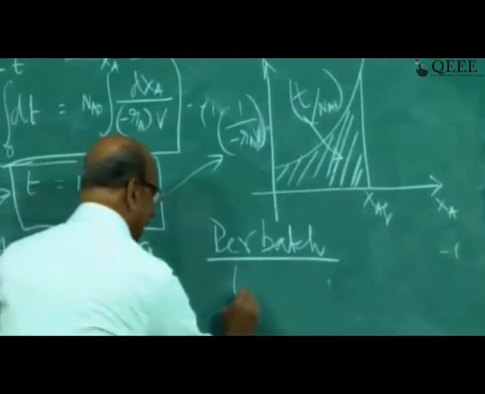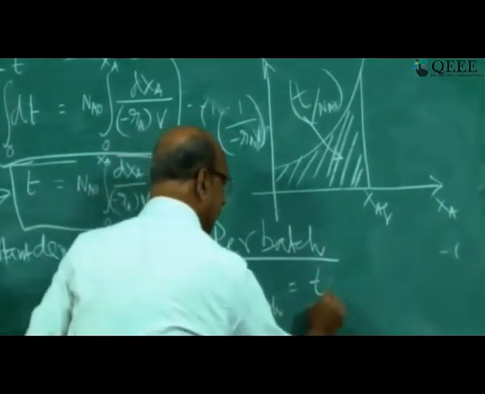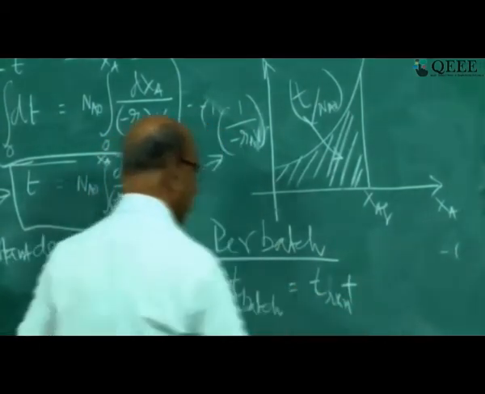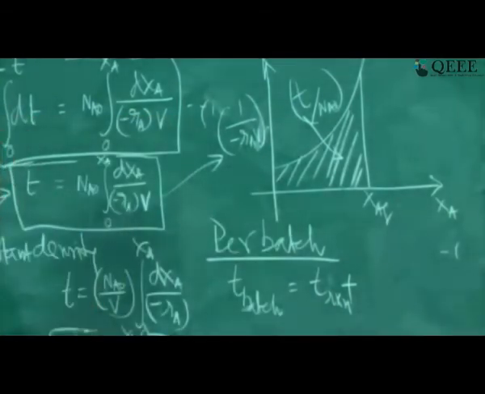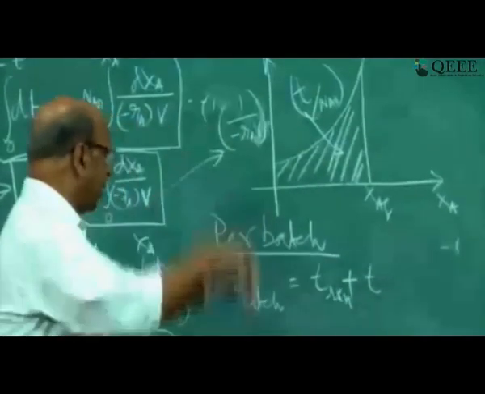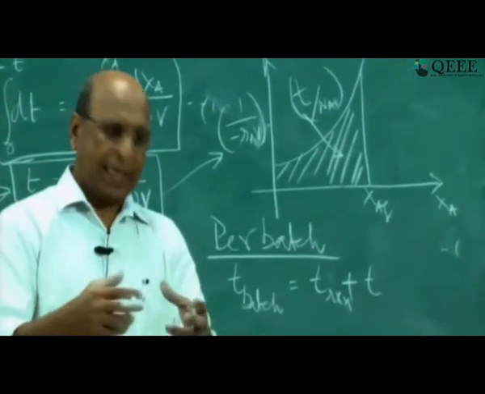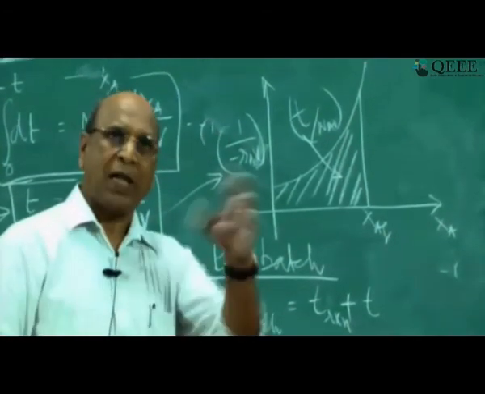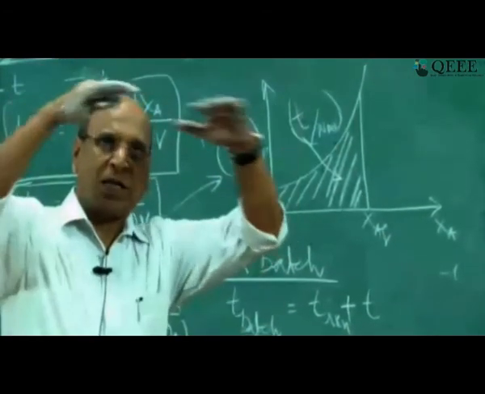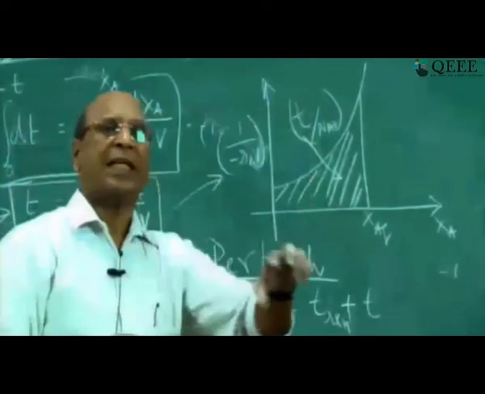How do you calculate it now? Per batch time, T batch, is T reaction, the actual reaction time, plus T for filling up the batch reactor, because someone has to start the pump and start the filling up, and you have to fill up to a certain level, maybe 2 meter cubed or 1 meter cubed volume, and that takes some time.